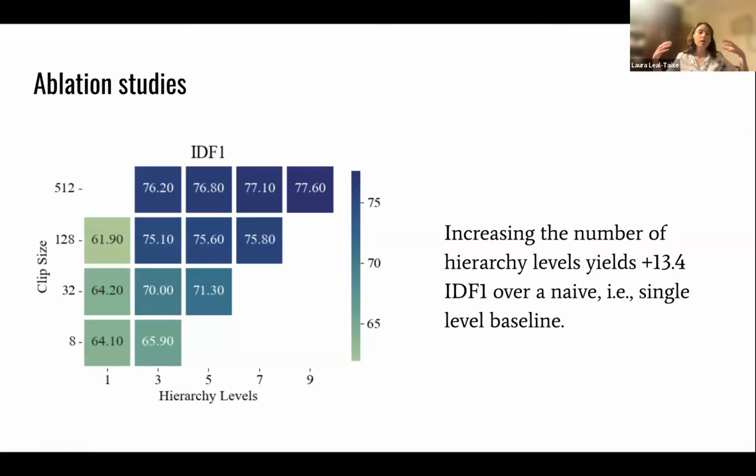If we have a larger clip size, we can solve for larger occlusions, so we should have better IDF1 performance. And indeed, the top performance happens for clip size 512 and 9 hierarchy levels. This is 13 points in IDF1 that we have gained from going from monolithic graphs all the way to this hierarchy of 9 graphs.